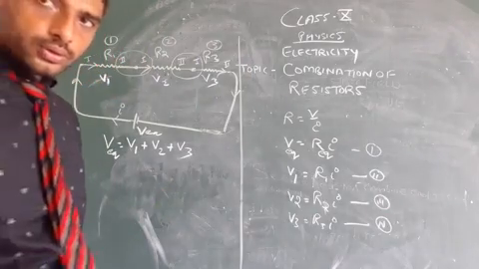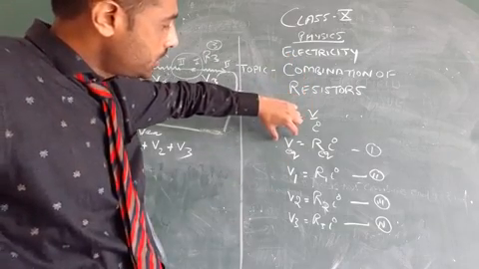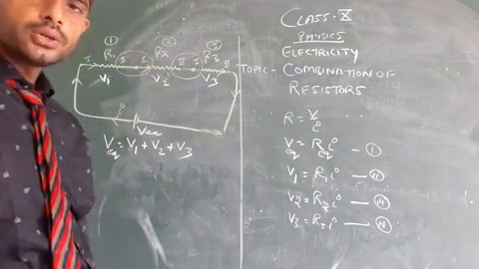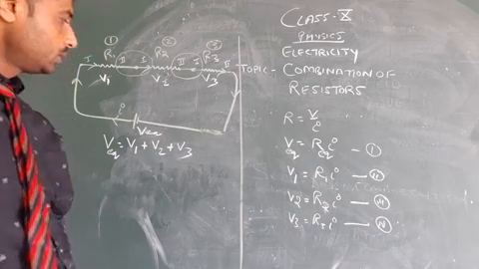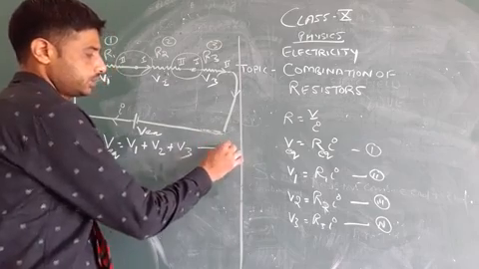So I hope you understand how to find the value of V equivalent, V1, V2 and V3. Let this be equation A.